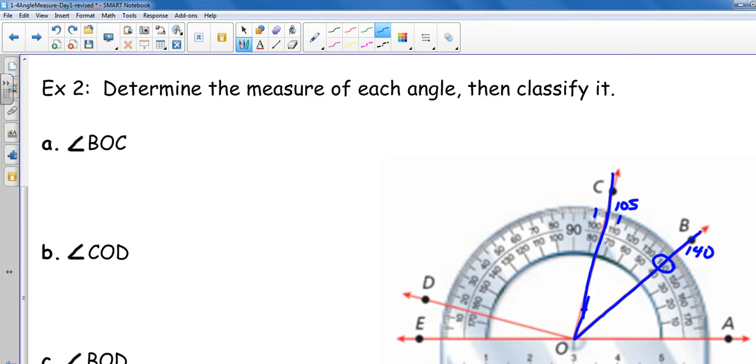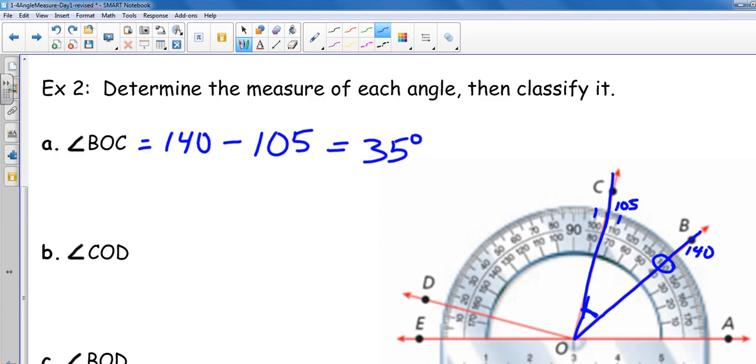So if I'm looking for this angle right here and I don't adjust my protractor to be lined up with one of those rays, then I'm just going to take those two numbers. I know that angle is the difference between those 2 degrees where those rays are. So I can use my protractor and just say, hey, it's 140 minus 105, get the difference between those. Angle BOC is a 35-degree angle.